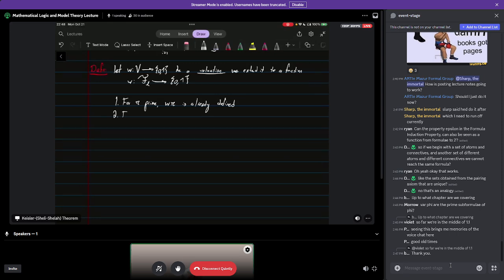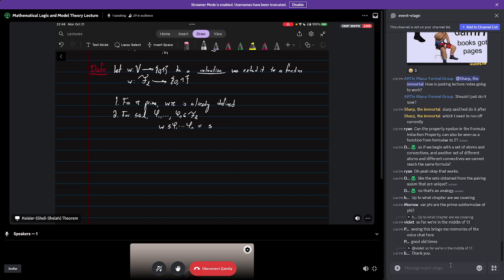2, for s in L and phi 1 through phi n in F_L, w of s phi 1 through phi n is going to equal s of w phi 1 through w phi n. s is a connective, so it's a symbol, but it has an associated Boolean function.